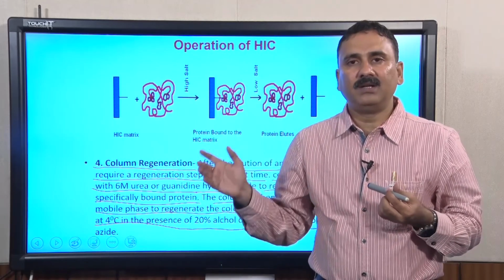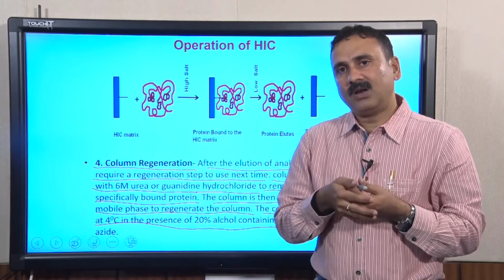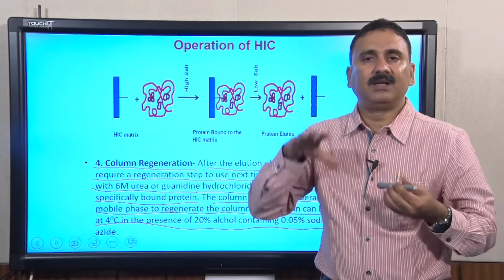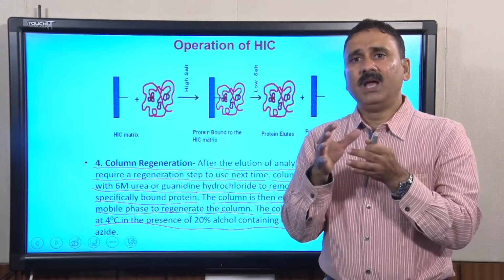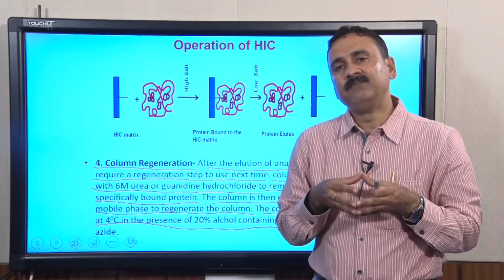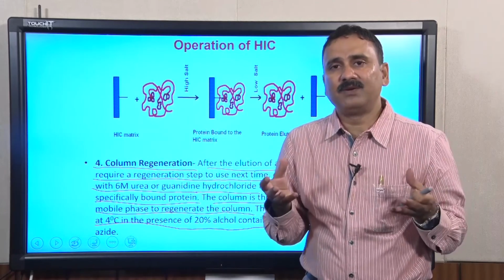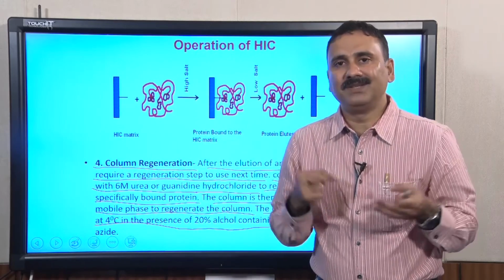The alcohol and azide combination is going to protect the column material from bacterial infection or degradation, because most of these columns are made up of Sepharose or agarose beads. Agarose is nothing but sugar molecules. If you have a sugar solution, bacteria are going to love to eat these sugar molecules.